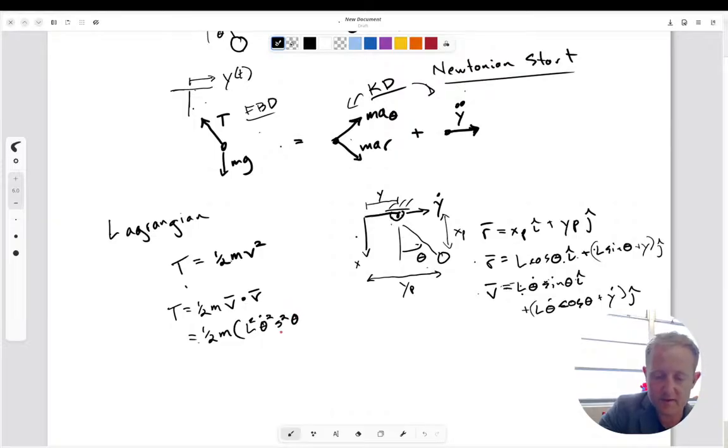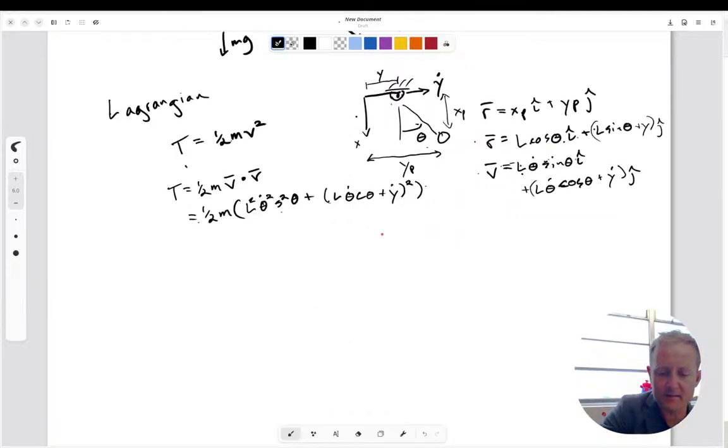So I'll just write s squared theta plus this squared term of this j component, L theta dot. I'm going to write c theta plus y dot squared.